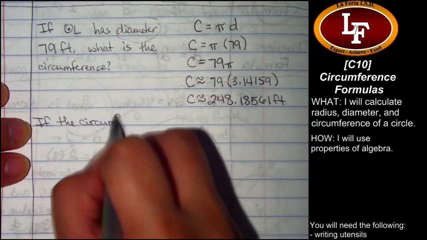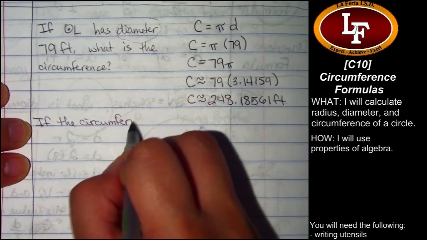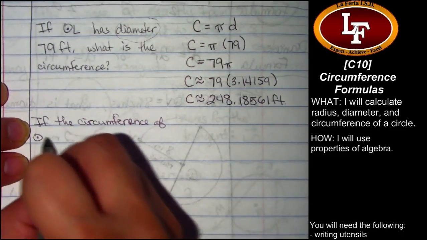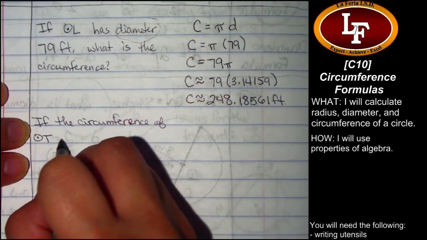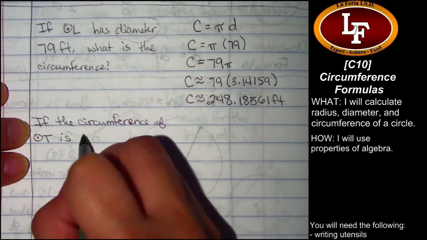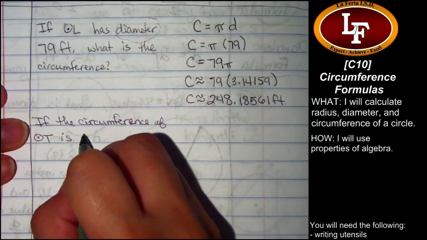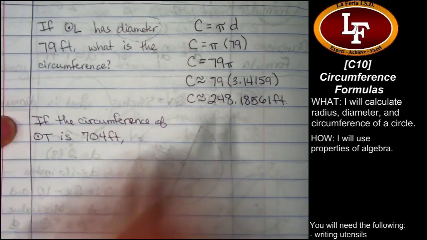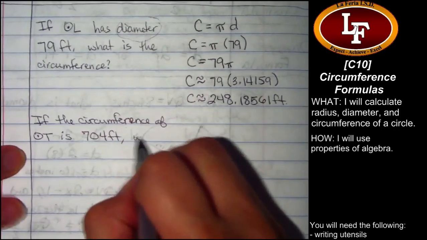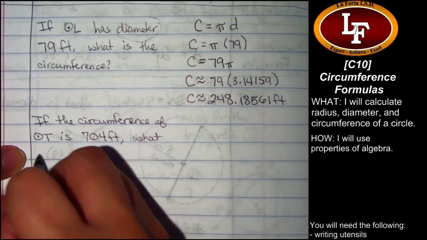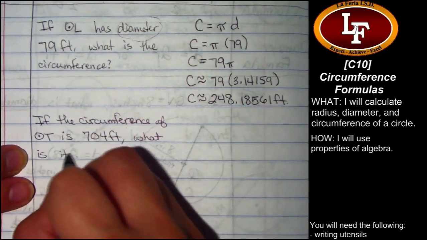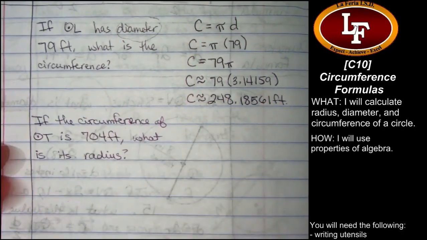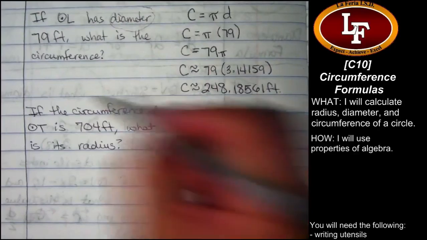So if the circumference of circle T is, oh, I don't know, give me a number. Let's say 704 feet. What is its radius?